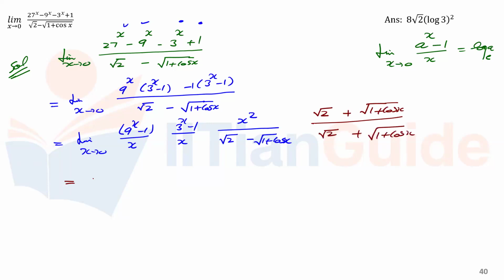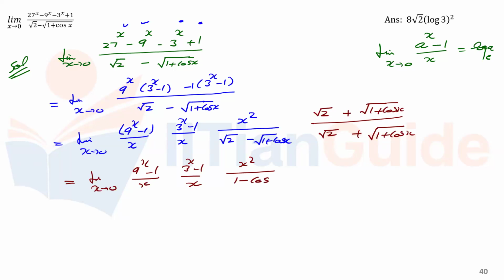So I have got limits x extending to 0. The first term 9 to the power x minus 1 by x, then 3 to the power x minus 1 by x. Here x square would be there. If you rationalize, the denominator will be 2 minus 1 plus cos x, basically 1 minus cos x. Am I right? No problem.